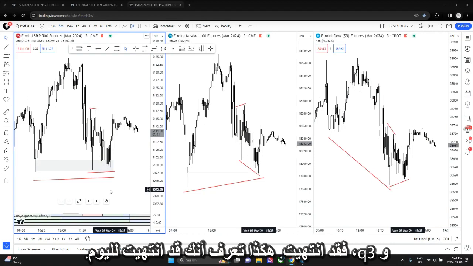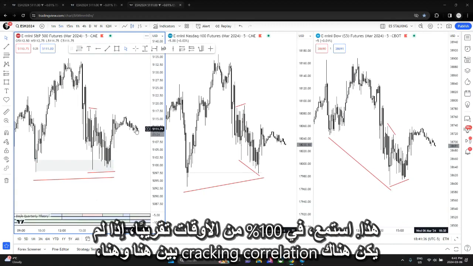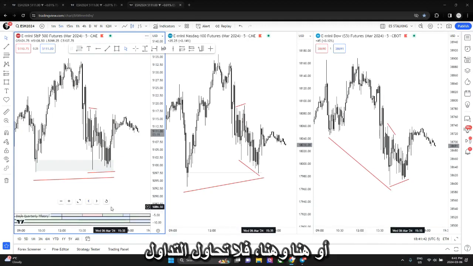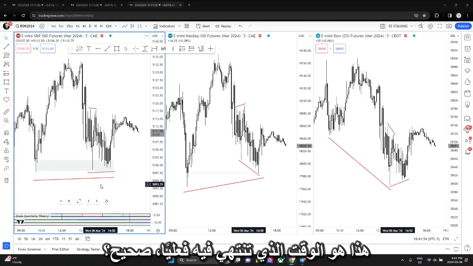That's how you know that you're done for the day, because afterwards, you're going to get price action like this. Listen, almost 100% of the times, if there's not a correlation between here and here or here and here, don't try to trade after. What time is that? 4:30. That's it. You're done. That's when you're actually done, right?